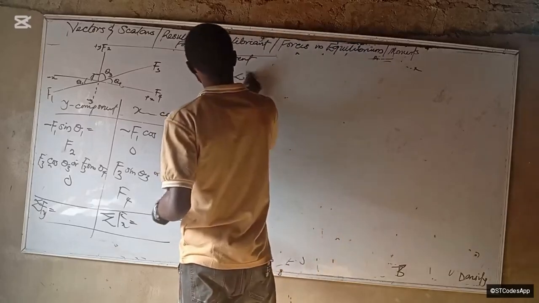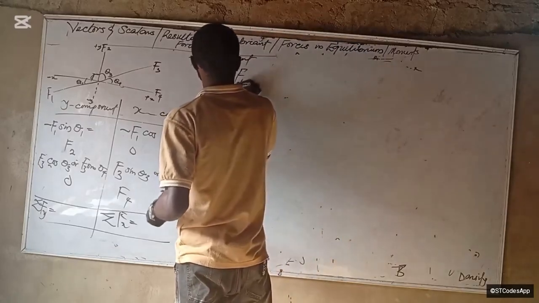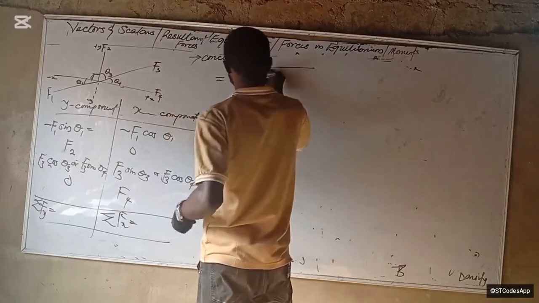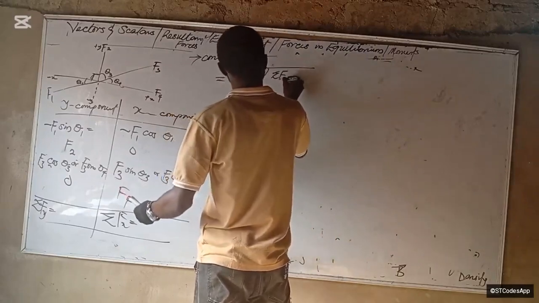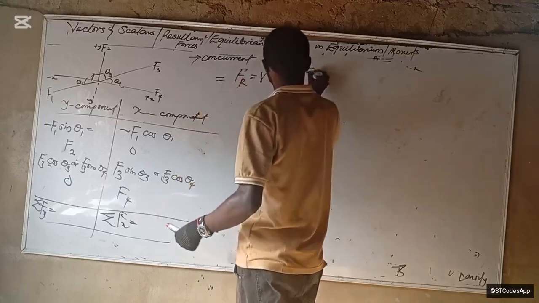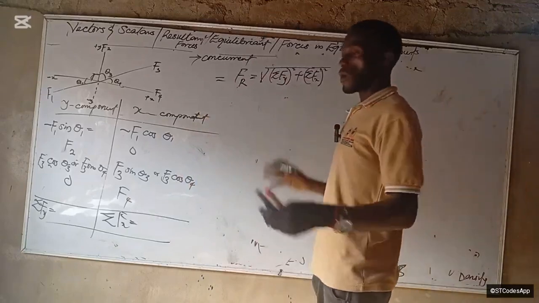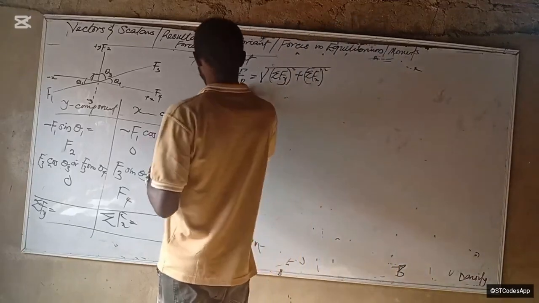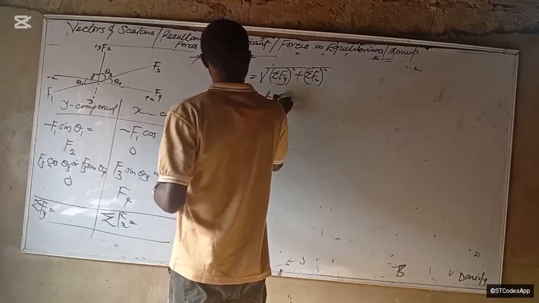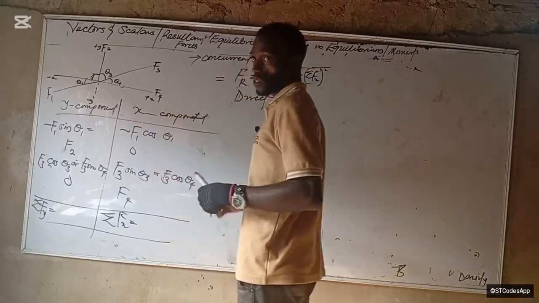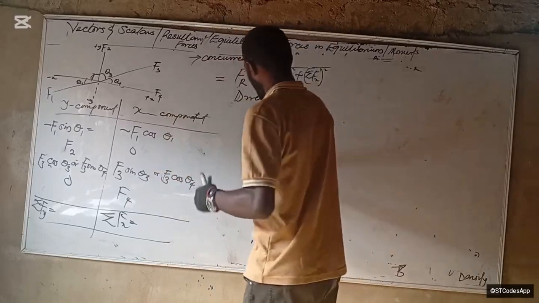So this resultant force, we say F resultant is going to be the square root of summation F sub y all squared plus summation F sub x all squared. Is this clear? Alright, then the direction of those two forces is simple. How do we get direction?